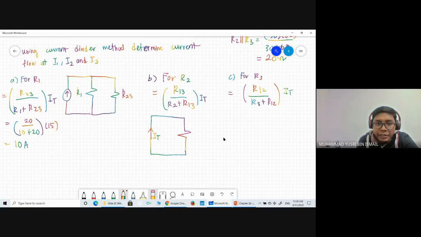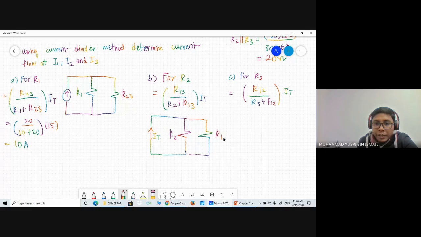In this case, we are going to determine I2. The parallel circuit that we need to simplify is in between R1 and R3.